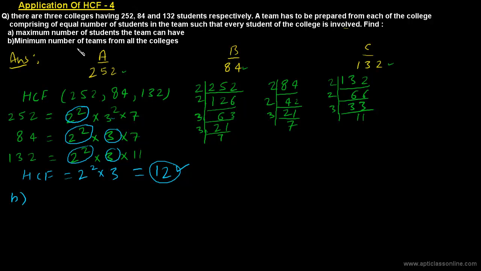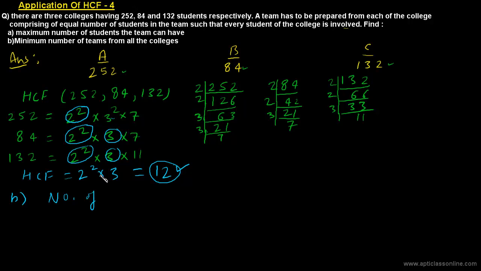Minimum, because the minimum number of teams is only possible with the maximum number of students in each team. So since we have already calculated the maximum number of students in each team, with the help of that we can find out the minimum number of teams.